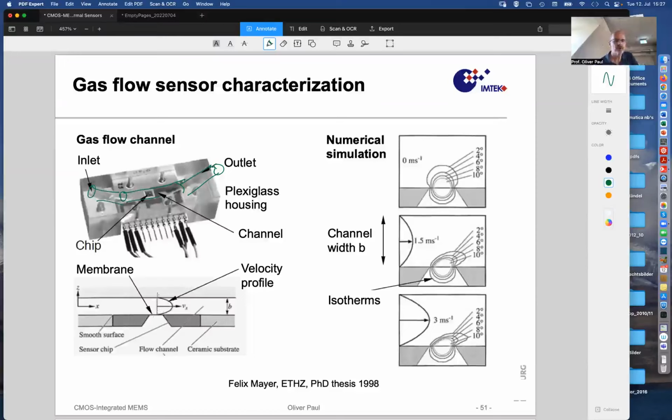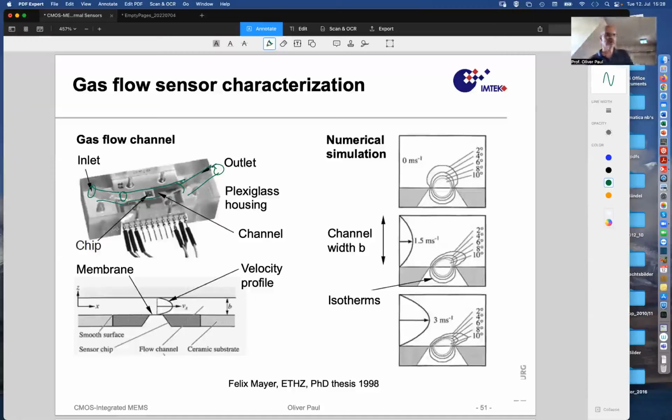And the flow profile that you have in such a channel is of course not a constant profile, it's a velocity profile of parabolic shape if one is far away from the entrance of the tube. That is flow dynamics, a complicated subject.